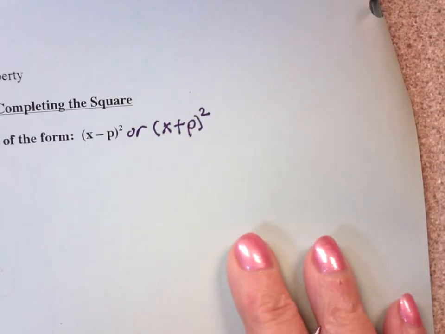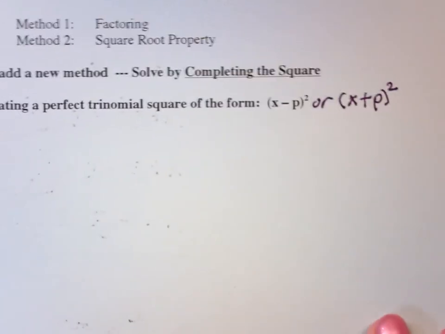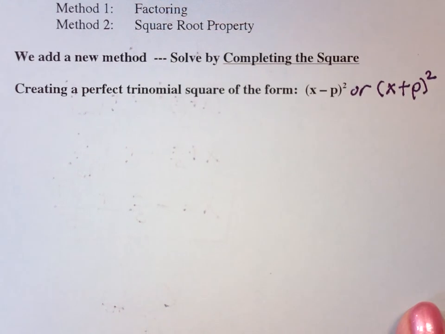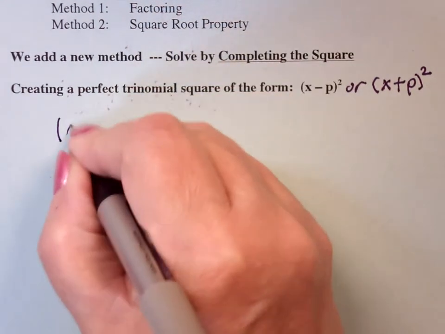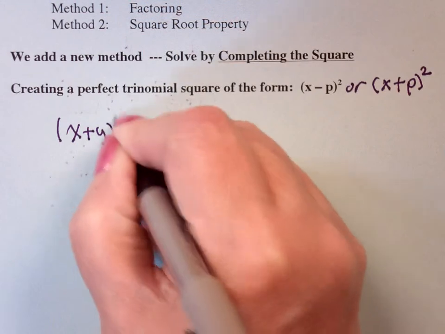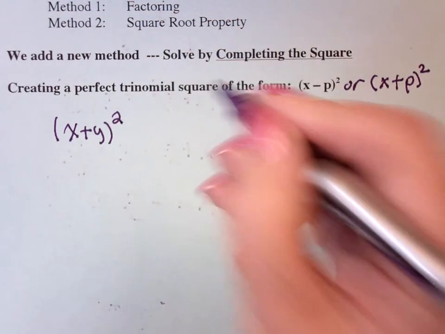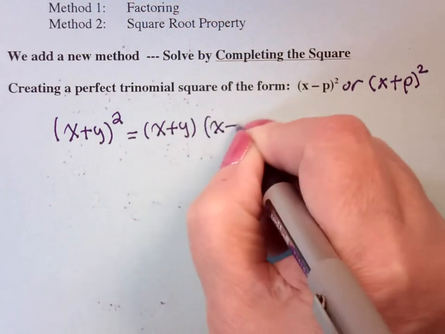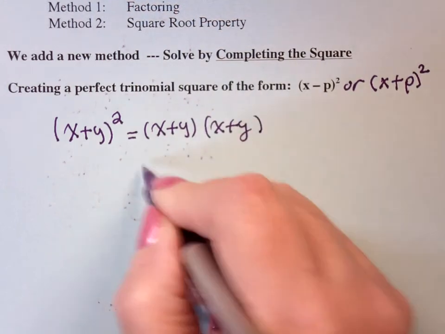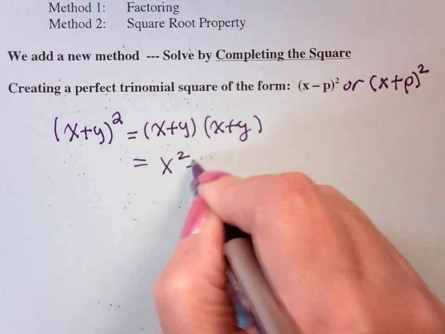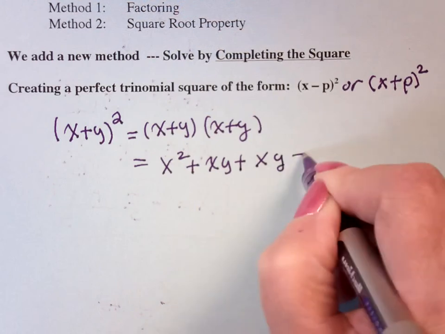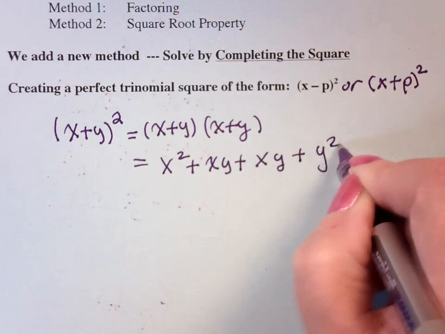So here we go. We're going to start out as to how we come up with the formula. There's going to be a formula to do this. If I were going to be looking at x plus y, the quantity squared, this would be x plus y times x plus y, which is x squared plus xy plus xy plus y squared.